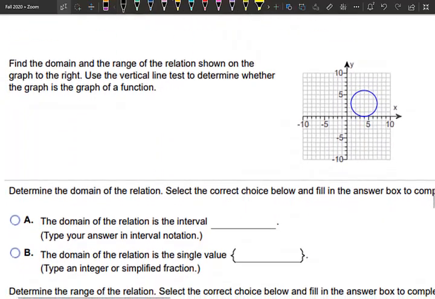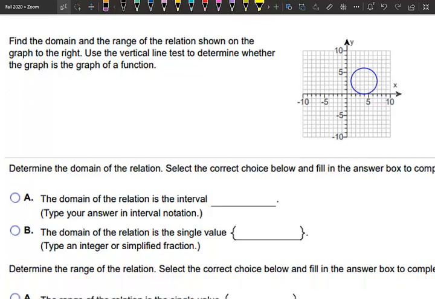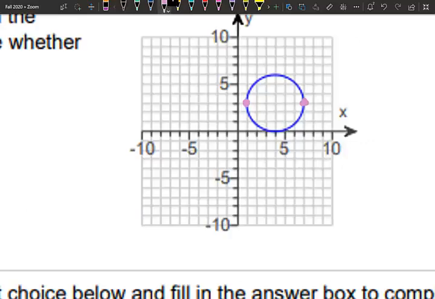Alright, let's find the domain and range of the graph shown, and let's go ahead and work it out. This does not have double arrows, so that means we don't have infinity in our domain. Here, it's always going to be interval notation, smallest x to biggest x, so 1 to 7.